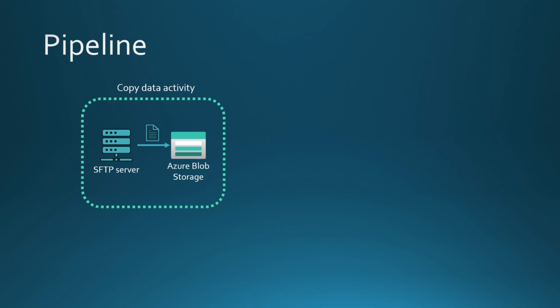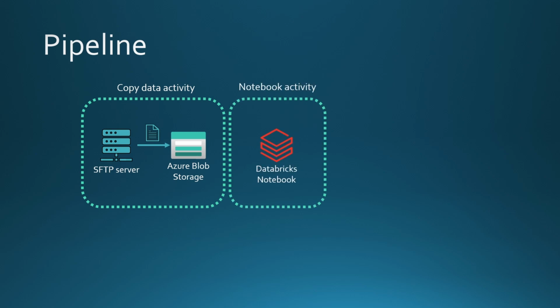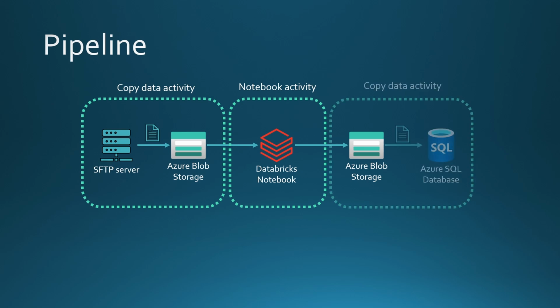Next, we could have a Databricks notebook that would read the data from the Azure Blob Storage and run some Python calculations for that data, and then write it back to Azure Blob Storage. Lastly, we could have another copy activity that would then copy that refined data from Azure Blob Storage to Azure SQL database, for example, for reporting purposes.